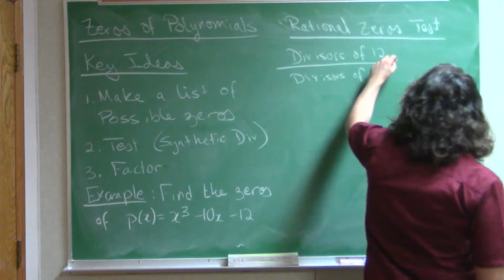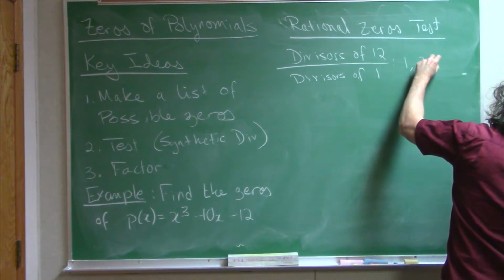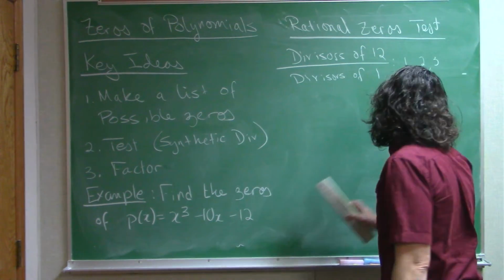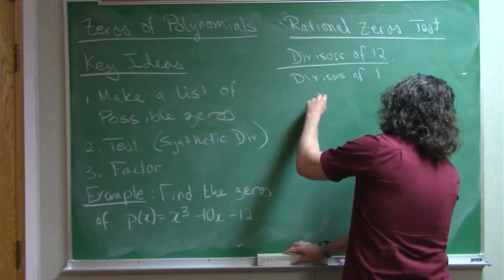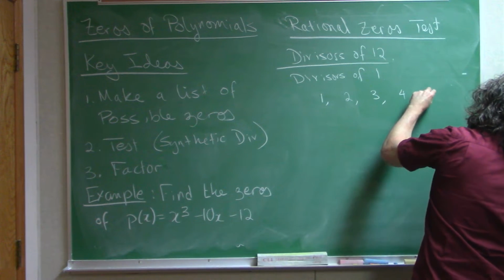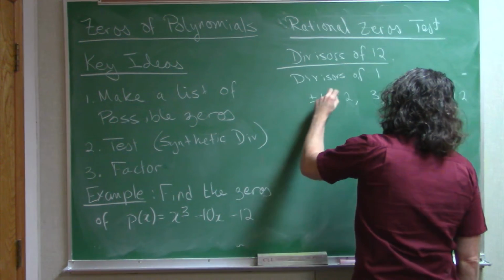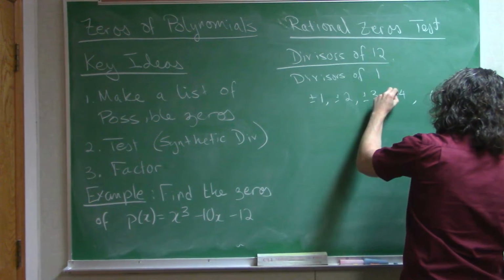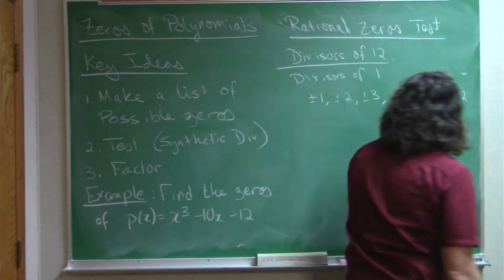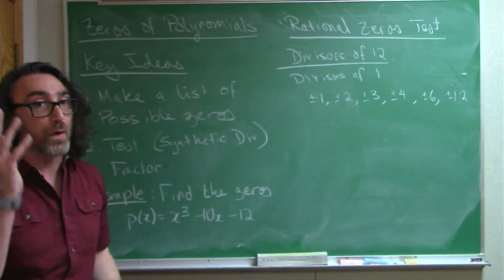Okay, so possible rational zeros: 1, 2, 3, 4, 6, and 12. I do have to account for the possibility of those either being positive or negative.